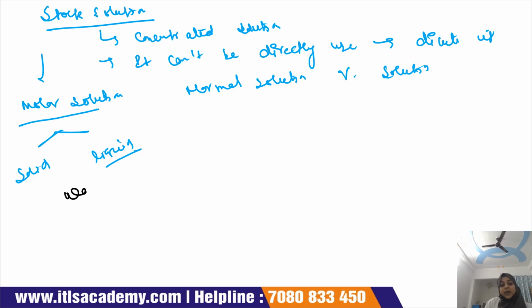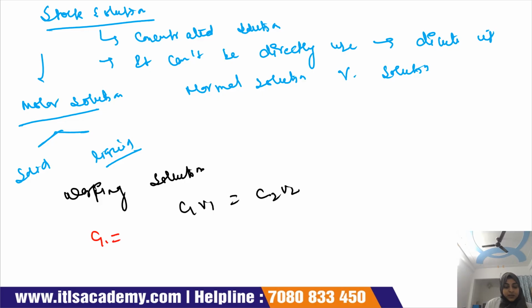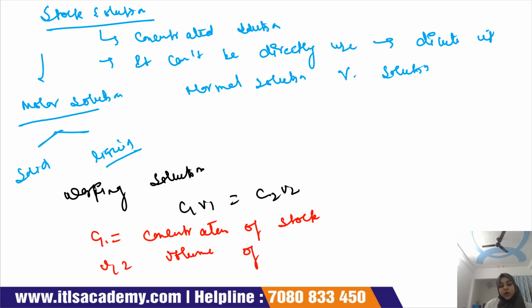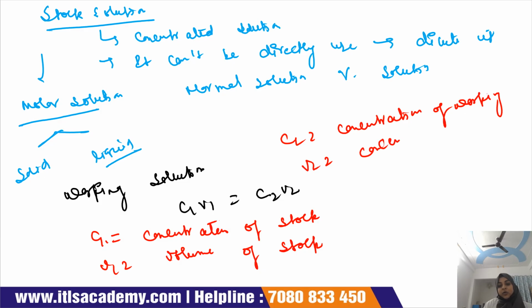Now the next solution is your working solution. For working solution, we use a formula that is C1V1 is equal to C2V2, where C1 is the concentration of stock, V1 is the volume of stock, C2 is the concentration of working, and V2 is the volume of working.